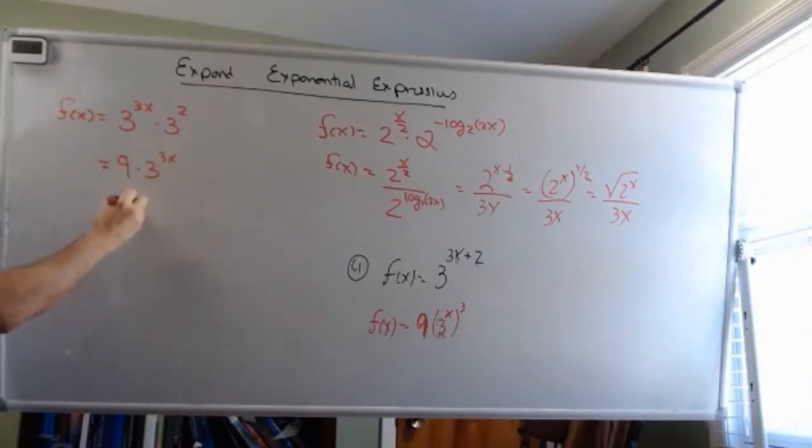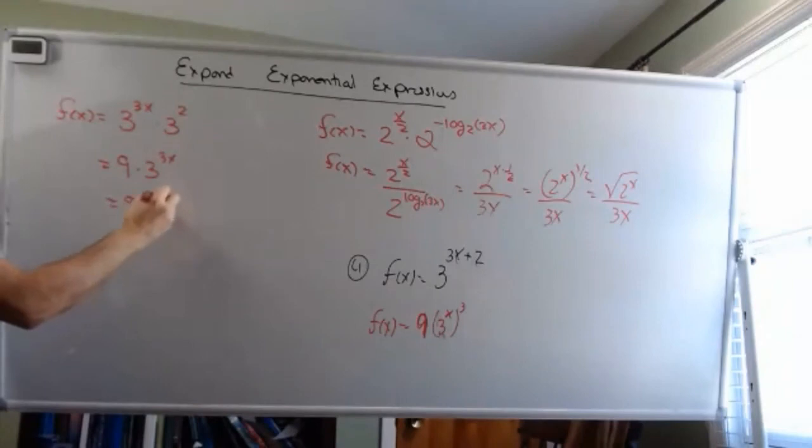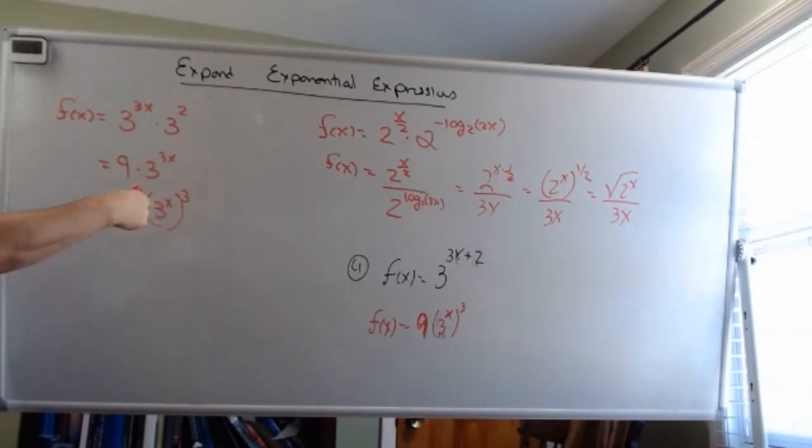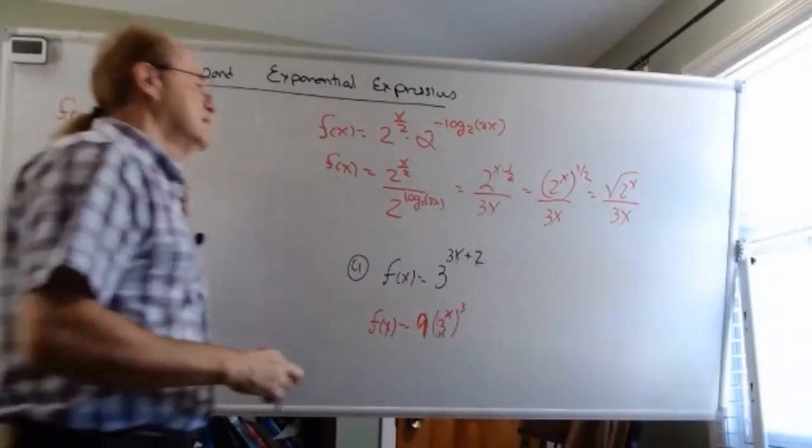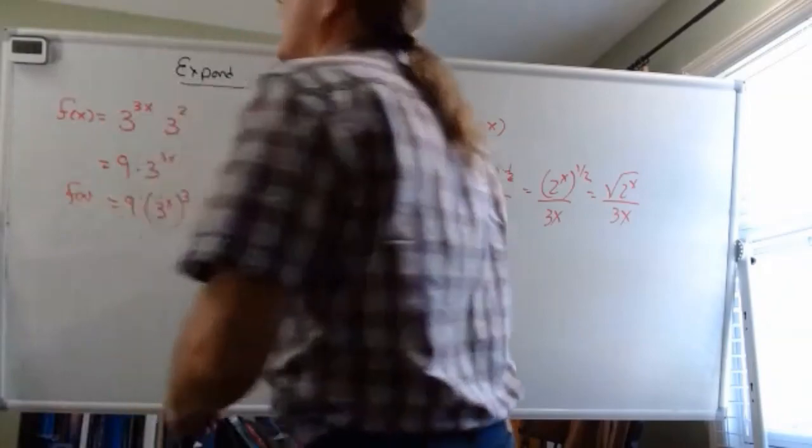Well, I can write that as 9 times 3 to the x quantity cubed. I'm undoing essentially my second rule of exponents about raising to a power. So that's written now just with 3 to the x and some other algebraic or arithmetic operations there.